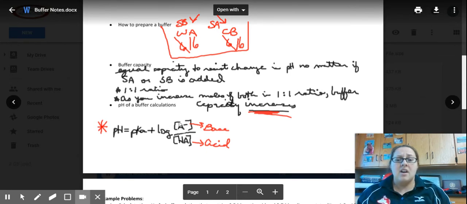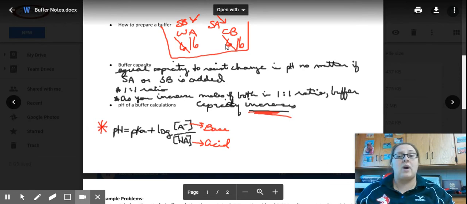Plus log of [A minus] over [HA]. Those brackets are there for a reason: it's the concentration of A minus over the concentration of HA. This is exactly how you will see it on your equation sheet when you take your test, so that's why I want to show it to you exactly like it is. The A minus represents the base.